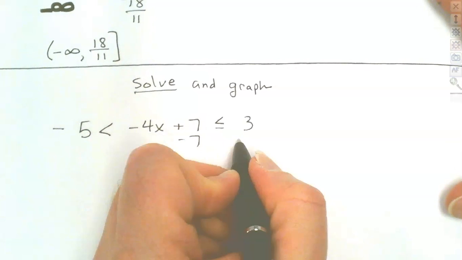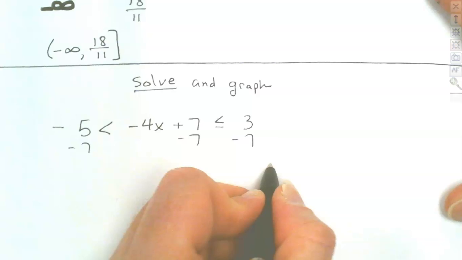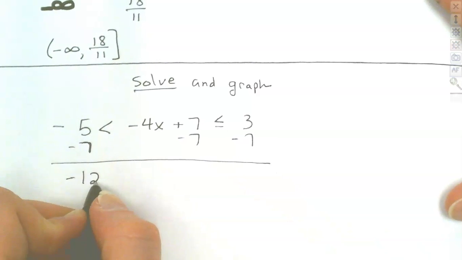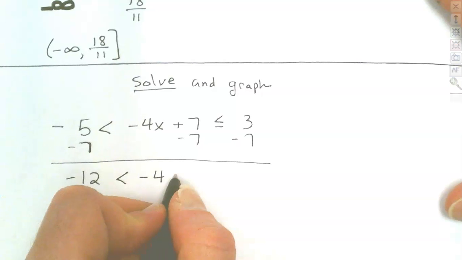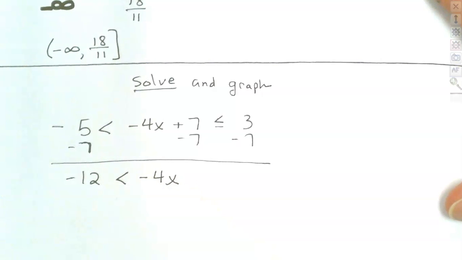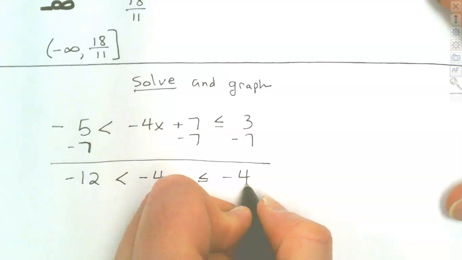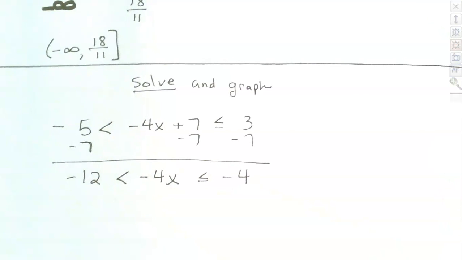Move that 7 over. 5 minus 7 makes it a minus 12. Got a minus 4x in the middle. 3 minus 7 makes it a minus 4 on the right there.